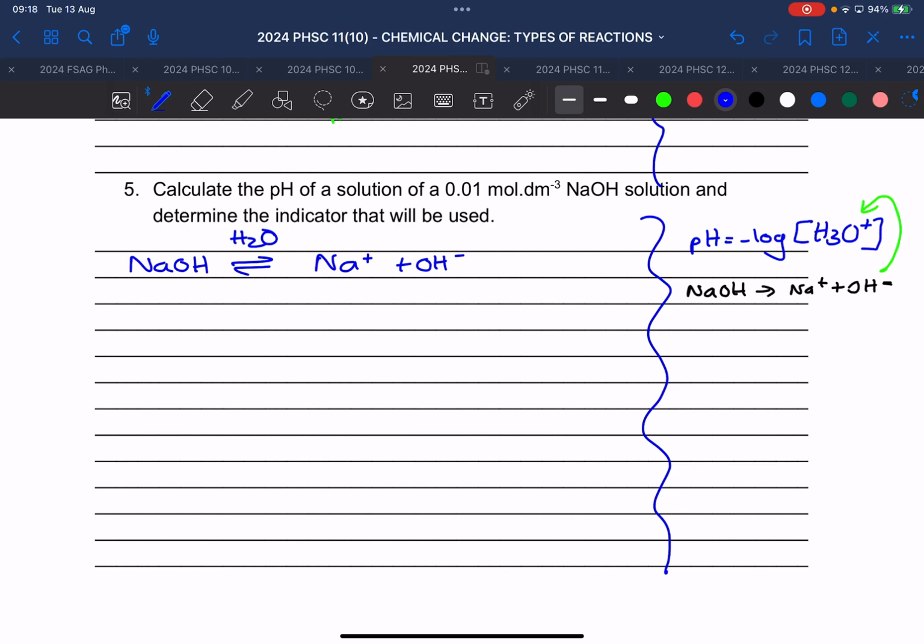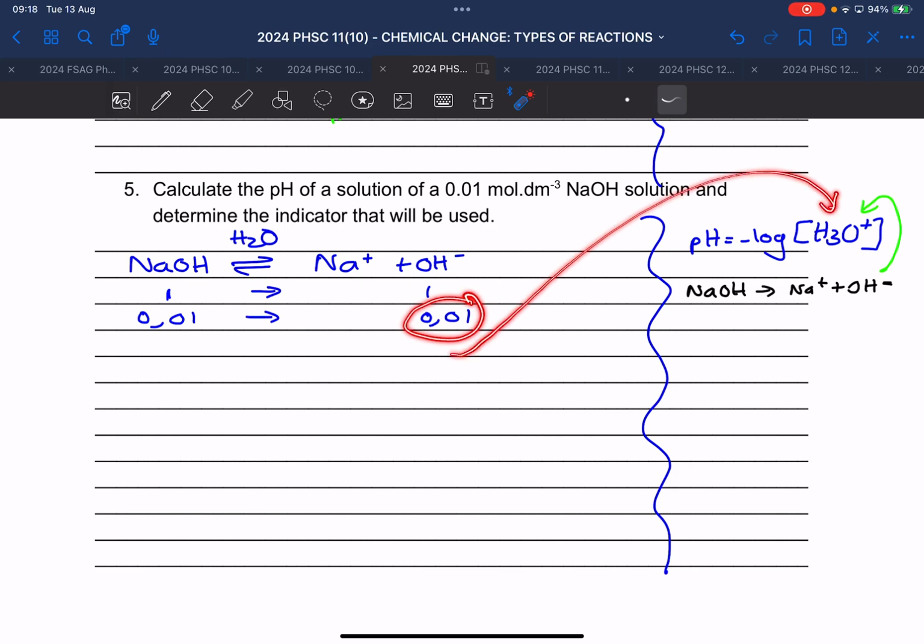So if this concentration is 1, then this one will be 1 because the ratio is 1 to 1. But it's not. It's 0.01. So this is 0.01. Then this must be 0.01. But I can't put this concentration in there because it says the concentration of the hydronium ion, not hydroxide ion. So in a way, we must go from hydroxide to hydronium.